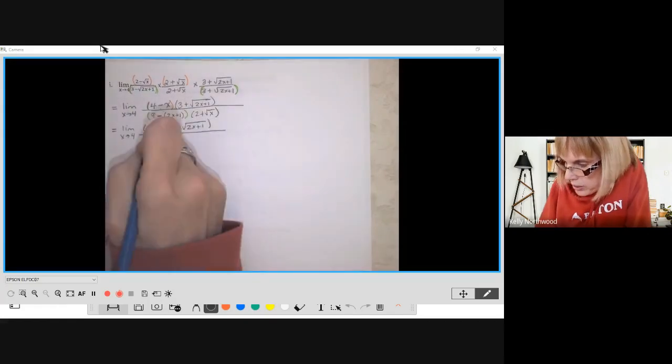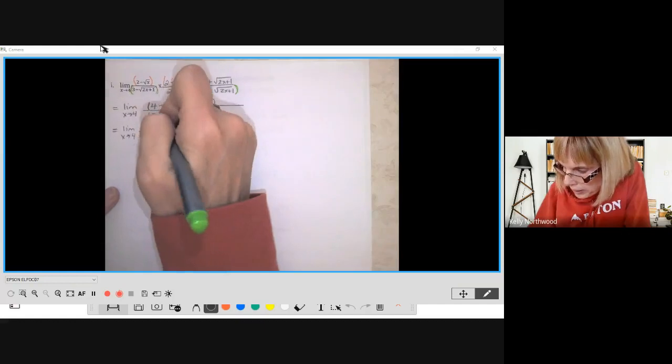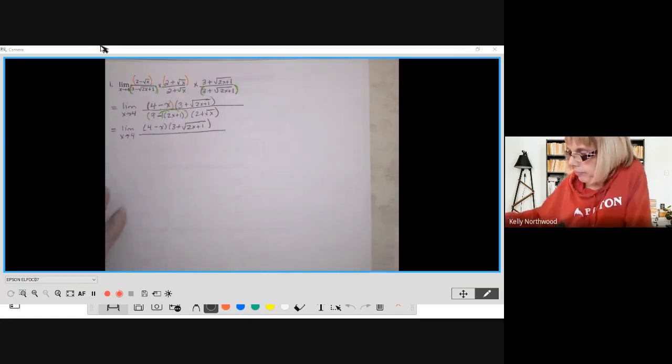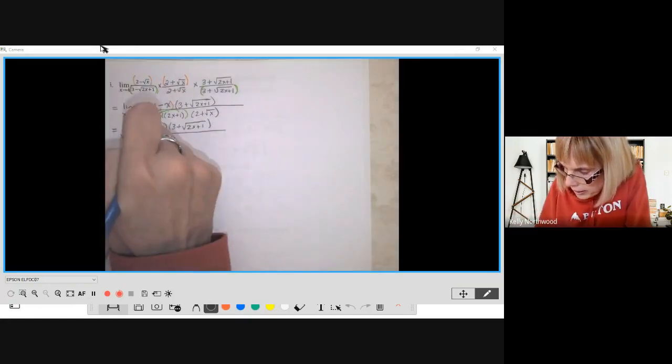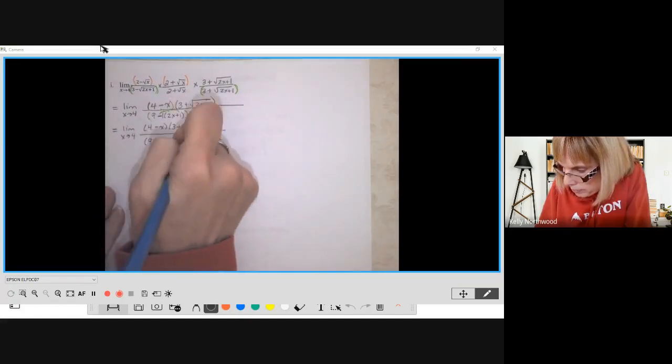But in the denominator, I can expand that bracket there. And I'm going to get 9 minus 2x minus 1.